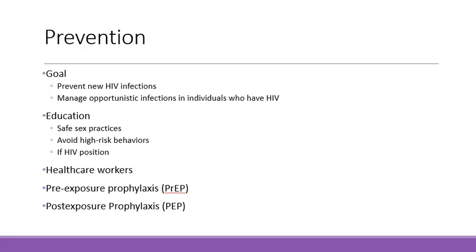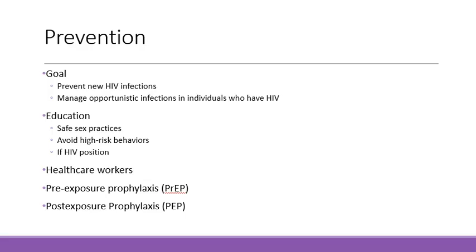So this is incredible that we have these new meds for people to take. These are people who might have some high-risk behaviors, maybe having sexual encounters with those who may be HIV positive. So PrEP has really changed the situation.